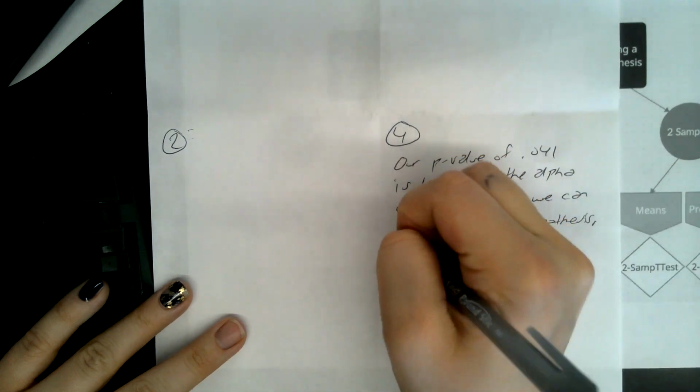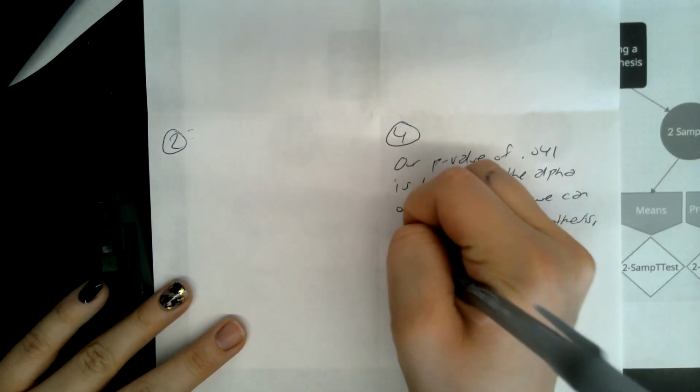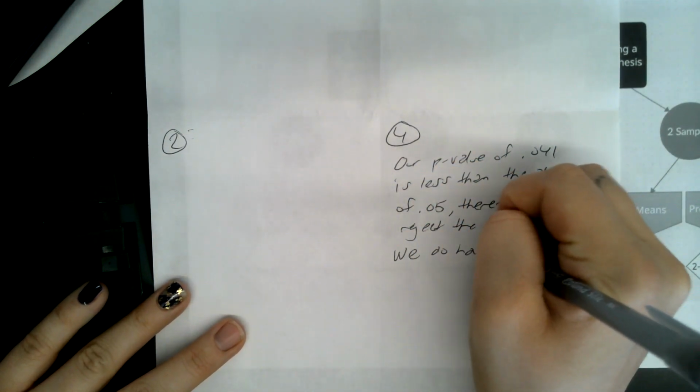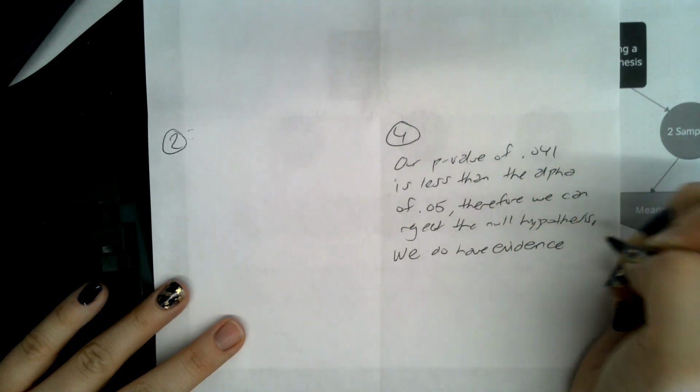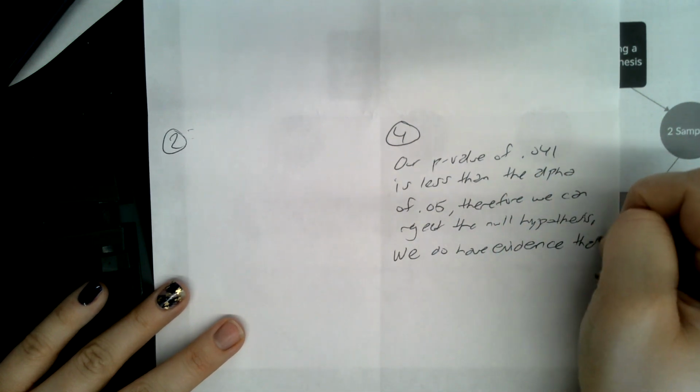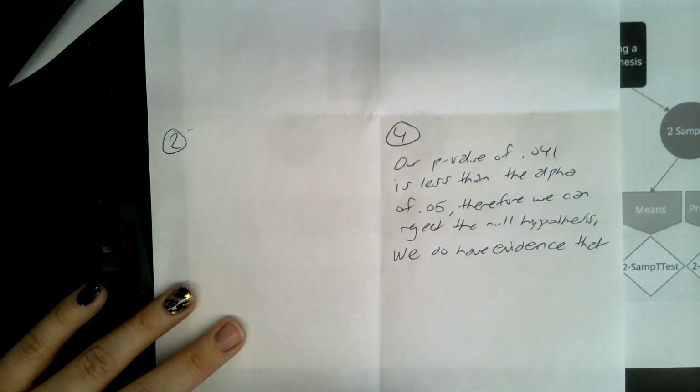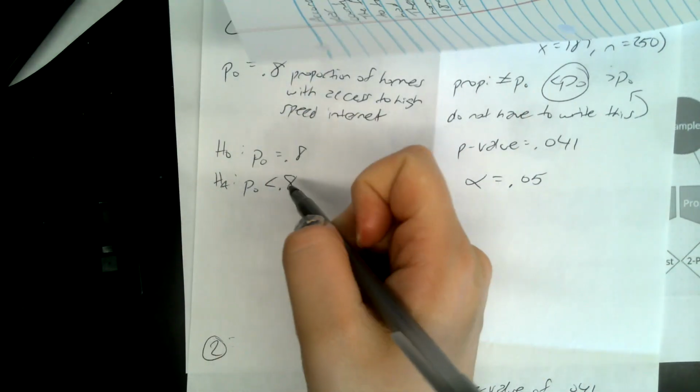That means we do have evidence then of the alternative. So we do have evidence that, and here we're going to describe our alternative hypothesis, was that P is less than 0.8.